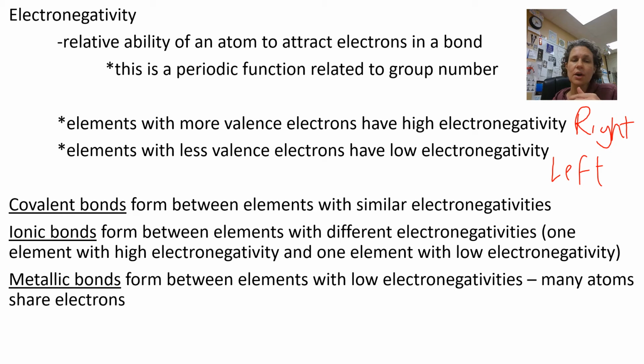Ionic bonds are between elements that have different electronegativities. One is high and one is low, and so one has the ability to take electrons from the other. And then metallic bonds are typically between metals, you guessed it from the name. All of the elements involved have low electronegativities, and you see a group sharing of electrons.